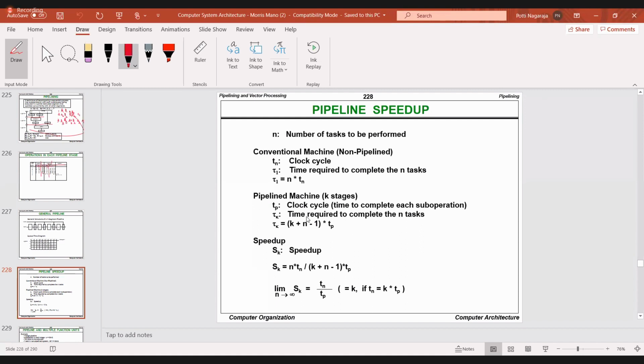The time required to complete the tasks is tau k. Tau k is nothing but k stages plus n, where n means number of tasks, minus 1, into Tp.